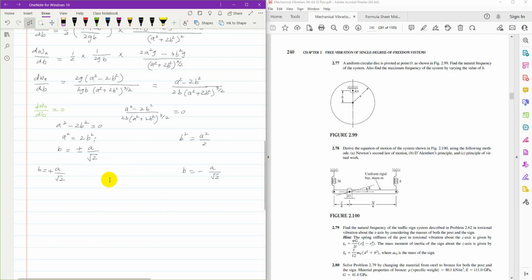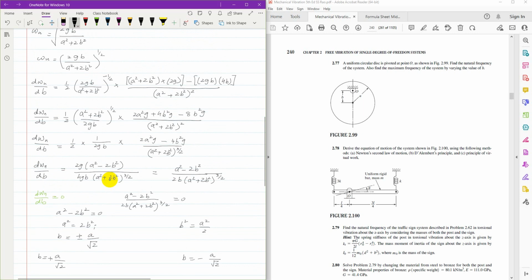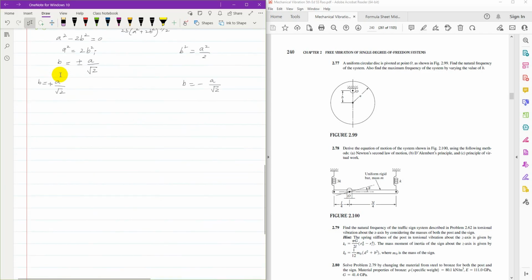But before that, if I try to substitute those values back into the natural frequency formula, what I can get if b is negative is not possible. When we put b negative, the square root of a negative is not possible.